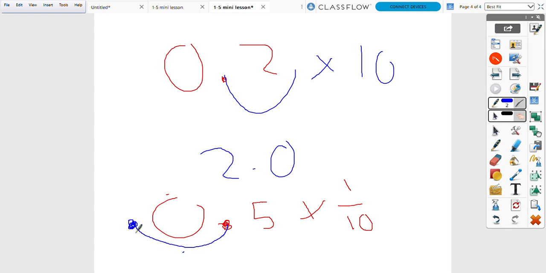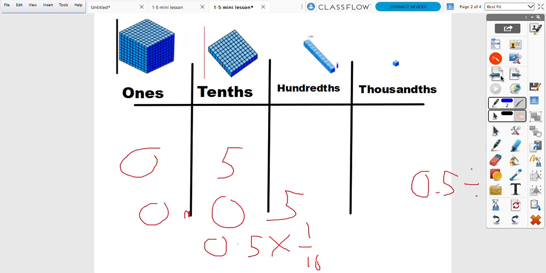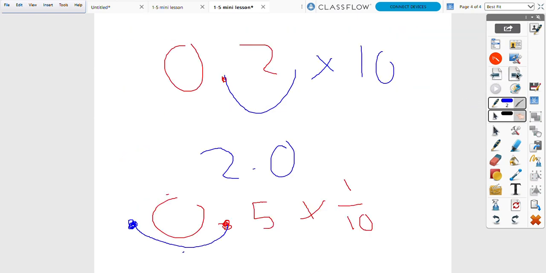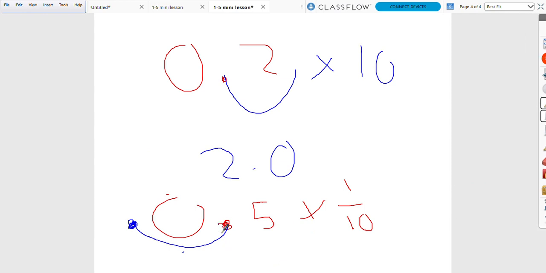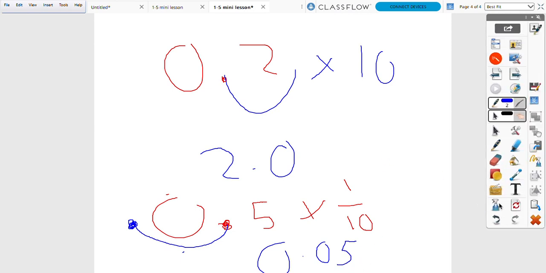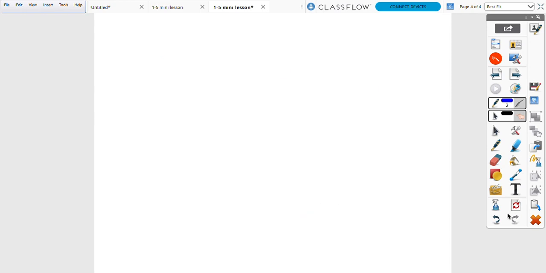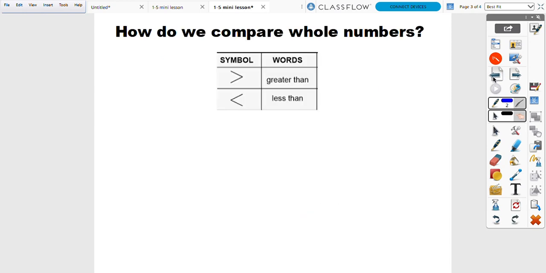So it's the opposite direction of which I was showing you with the place value chart. So 5/10 times 1/10, or 5/10 divided by 10, would be 5/100. And it's all about that base 10 system there. I'm almost running out of time here. I want this video to be less than 10 minutes and we're already at 12.